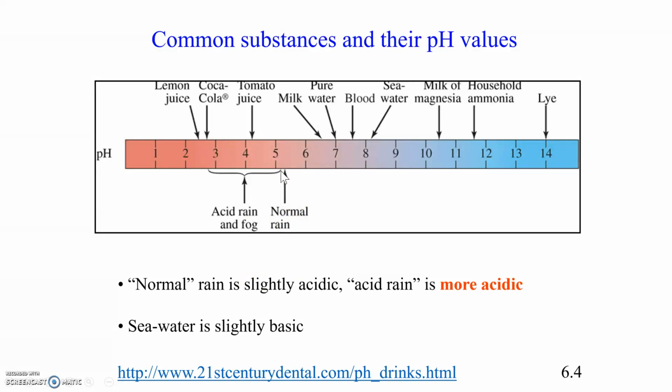If you start adding in acidic compounds, our NOx, our sulfur dioxide that we've talked about, you are increasing your H plus concentration, you're decreasing your pH. So that's where we get that acidic rain. When we start talking about something like seawater, this has a pH greater than 7. This is a basic solution.